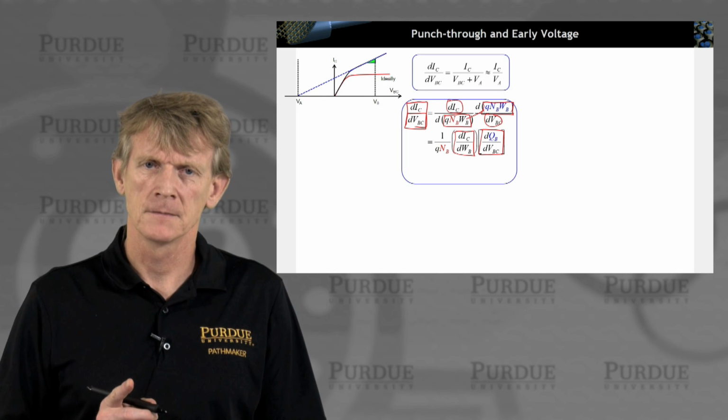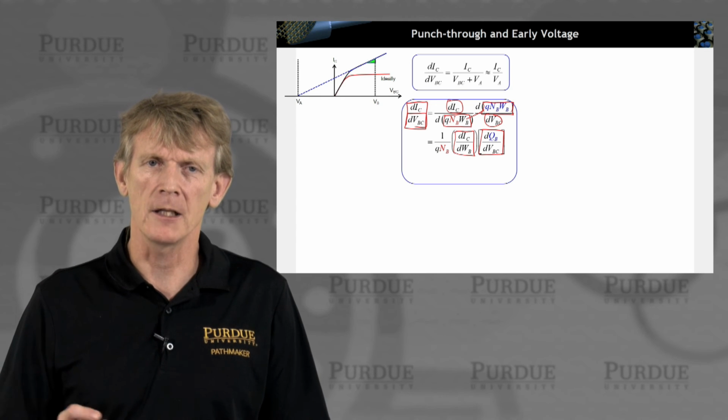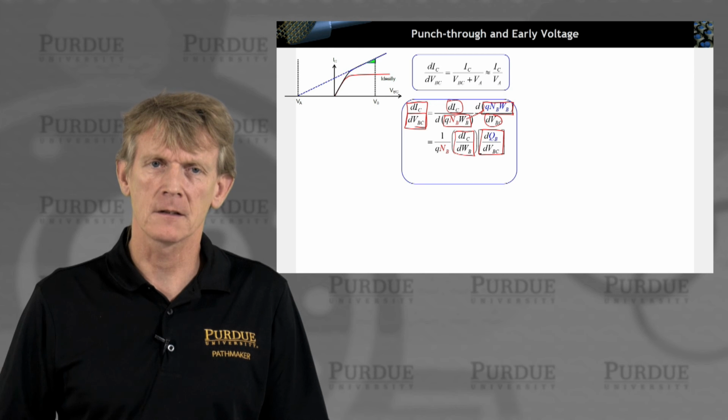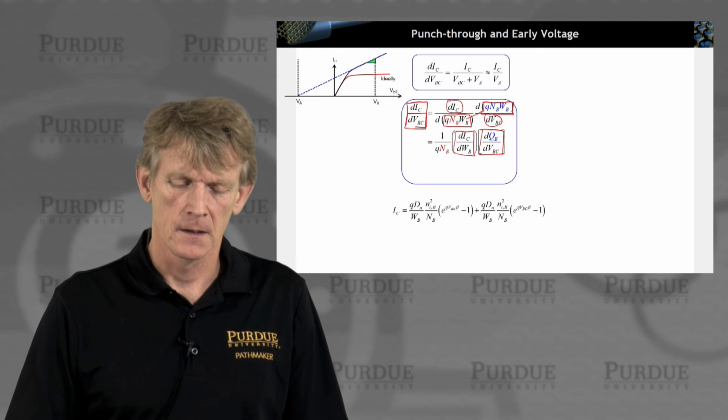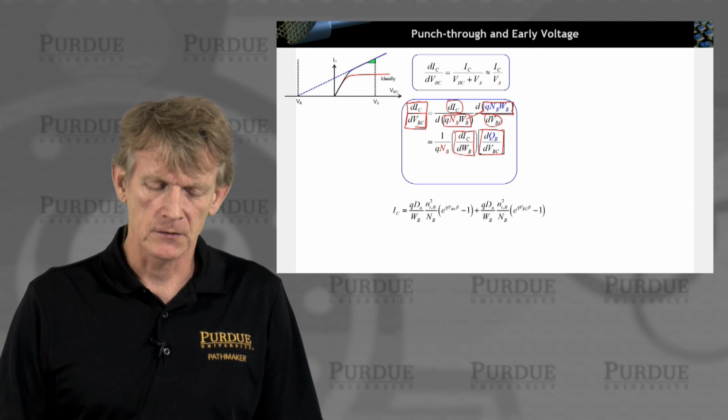Charge in the base as a differential of the base collector voltage. That should ring a bell to you. That's a capacitance. That's the base collector capacitance in the system. So we'll discover some of this in a second.